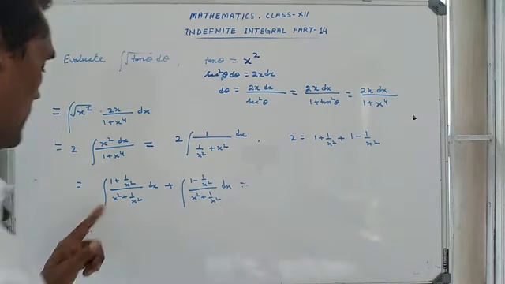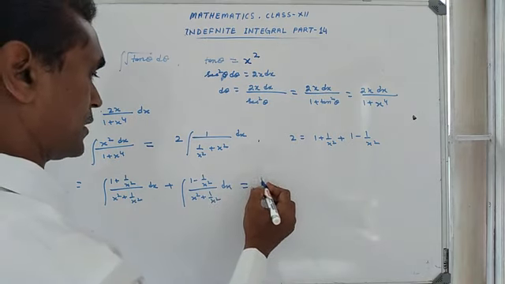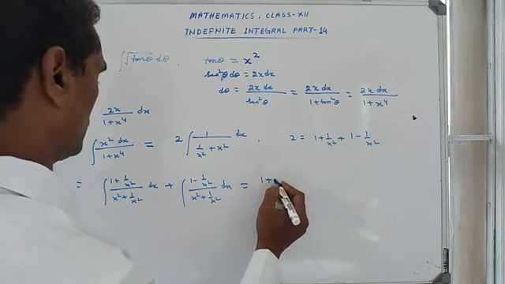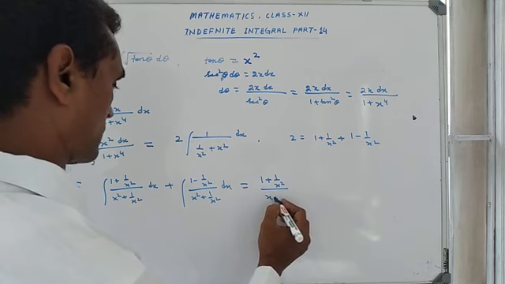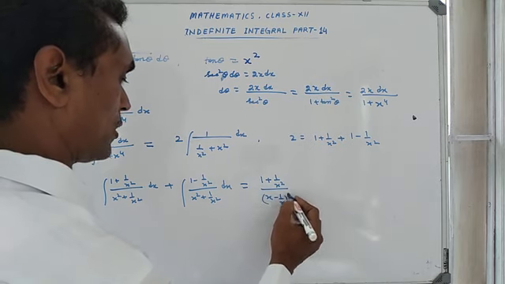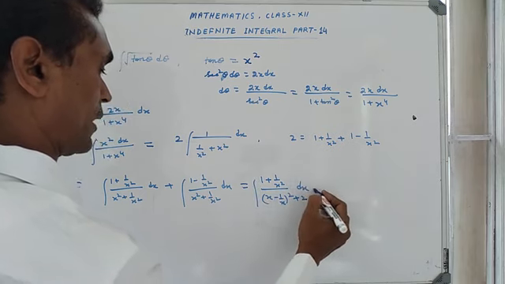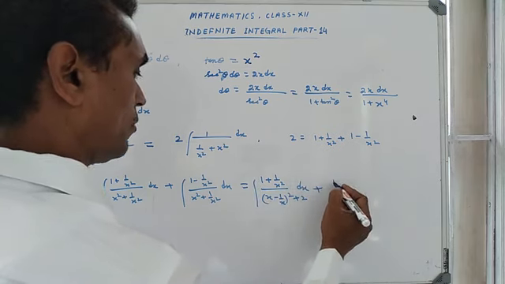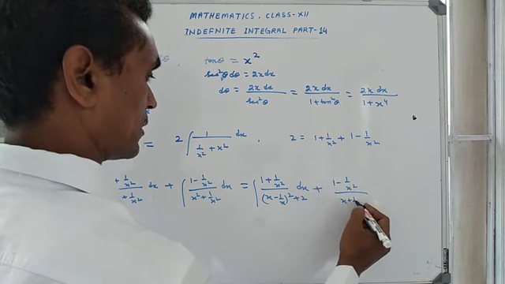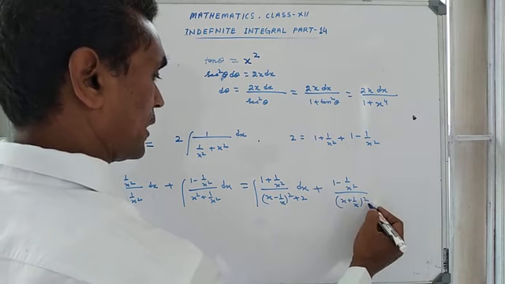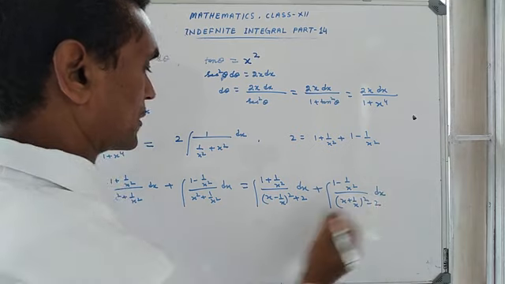Now we will substitute here x. One more step before substituting, we have to do 1 plus 1 by x square divided by x minus 1 by x whole square and then plus 2 dx, and here 1 minus 1 by x square divided by x plus 1 by x whole square and then minus 2 dx.